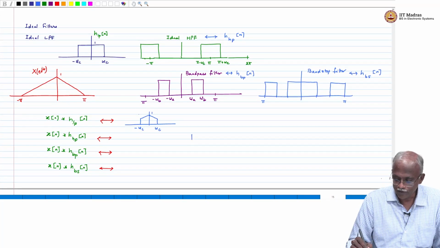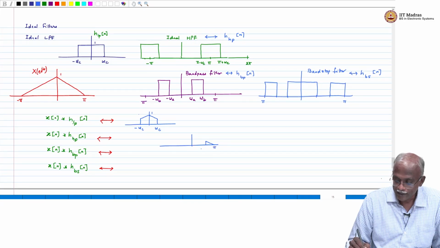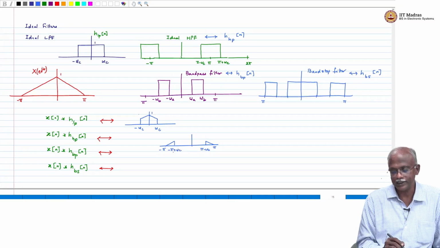Output of the high pass filter. This is going to be from up to pi, right? Remember, this is pi, this is pi minus omega c. Similarly, on the other end, I will see the tail of the response. This is minus pi plus omega c.